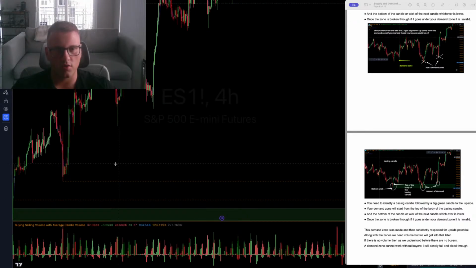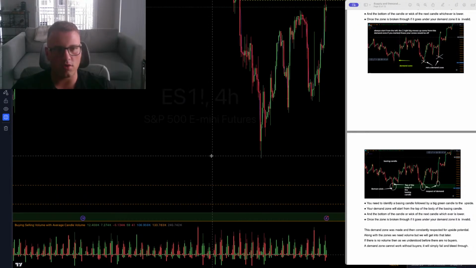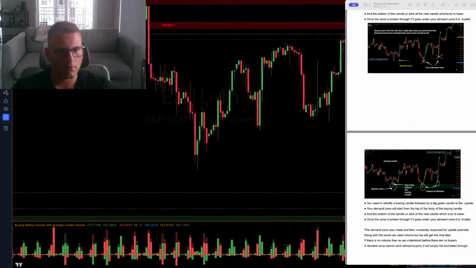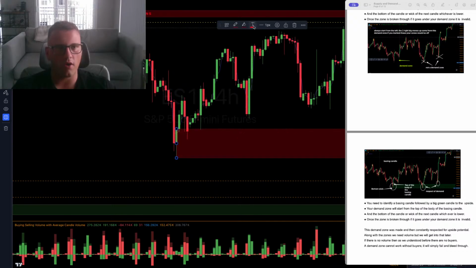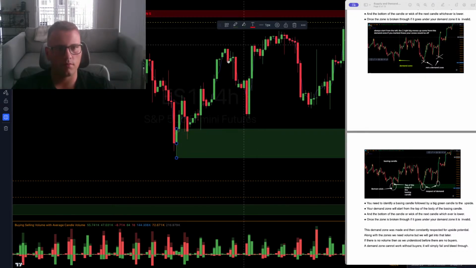So I'm just going to slide this way. 4 hours, you can see we have something in here, but that does not touch it. So I'm looking now to make my zones in here. Again, I'm going to mark this down as a first area to look to make a zone.